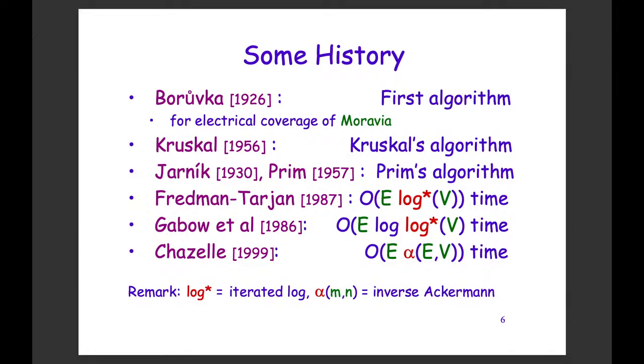The original problem was studied in 1926, where Borůvka gave the first algorithm, which was indeed used to solve the electrical coverage of a certain country called Moravia. Then in 1956, Kruskal proposed an algorithm, which we will study together today. Then Jarník and Prim independently invented the same algorithm, which is now known as Prim's algorithm.